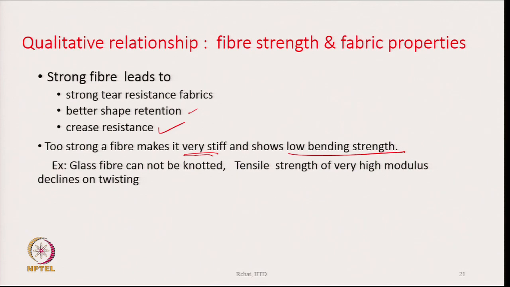Glass fibers cannot be knotted, as an example. Glass fiber is very strong, but if we want to put a knot, it cannot be knotted. Tensile strength is very high, but it is going to decline on twisting.